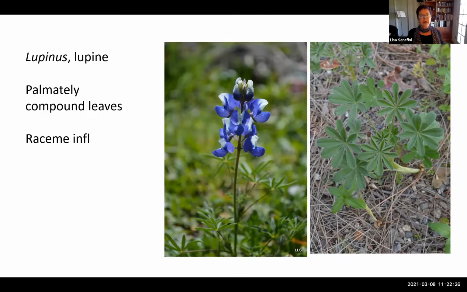One of the real obvious ways of recognizing this genus is that the leaves are palmately compound, as you see right here in the right hand picture. And you can also see it in this picture too. So with palmately compound leaves, the number of leaflets differs in different species. We have a nice raceme inflorescence in this genus also. A lot of beautiful wildflowers are in this genus.